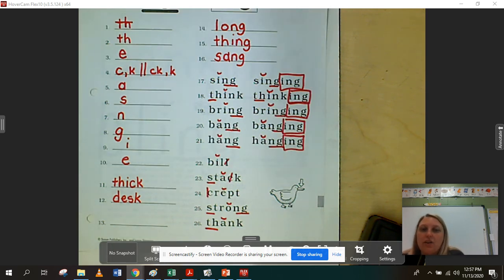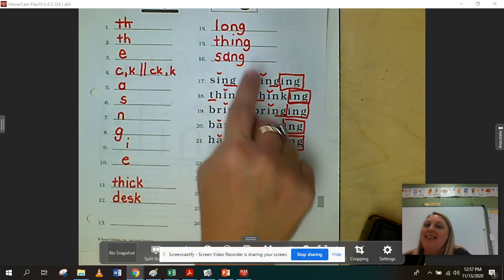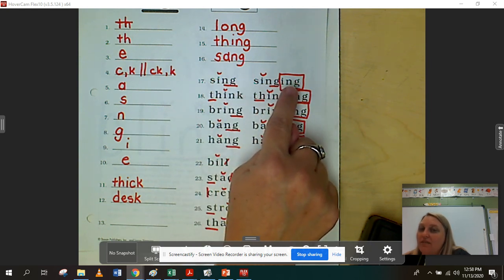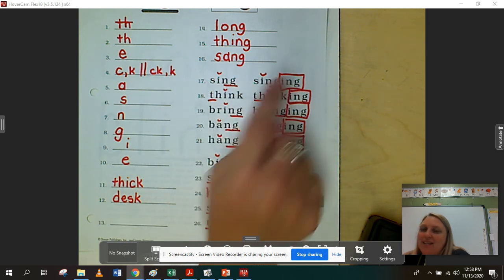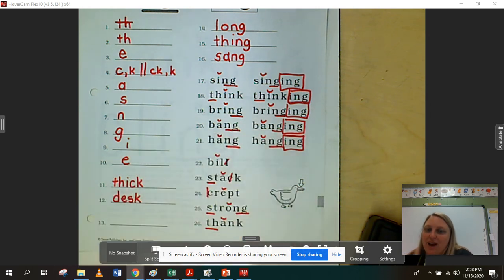All right, friends, here it is. Check your work. Now this time they gave you the root word, and then they gave you the same root word with the new vowel suffix at the end. So really, you're coding the same word twice and then just boxing the suffix at the end.